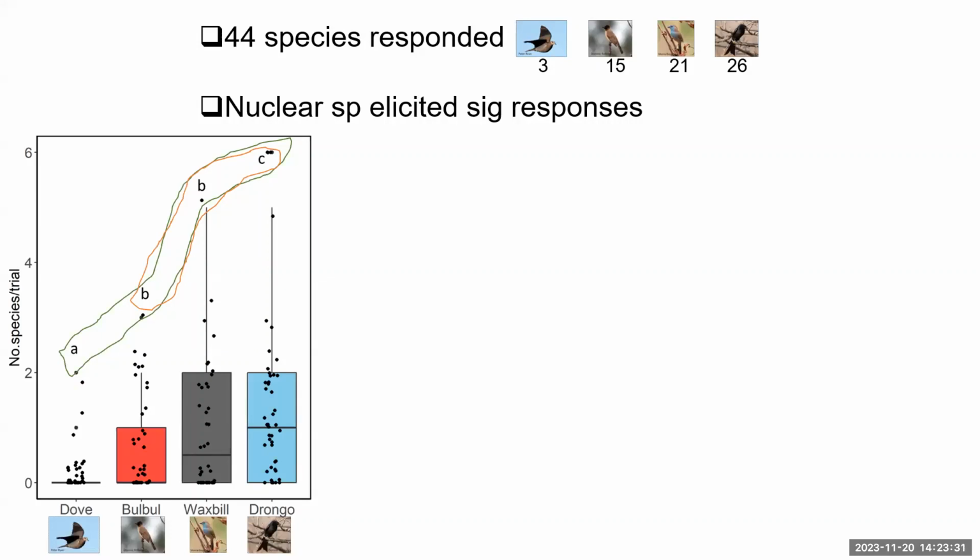On the y-axis, number of species that came to the speaker, the trial. So again, this figure shows that our potential nuclear species elicited the strongest responses compared to the dove. But here, what we see also is that the drongo tended to attract more species compared to the bobo and the wagsbill.